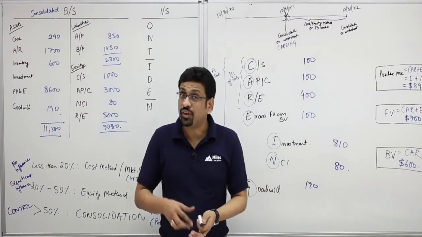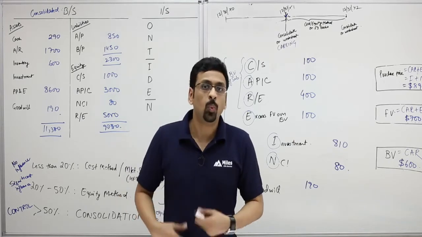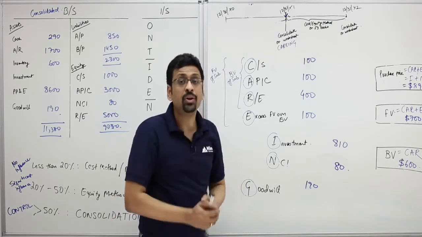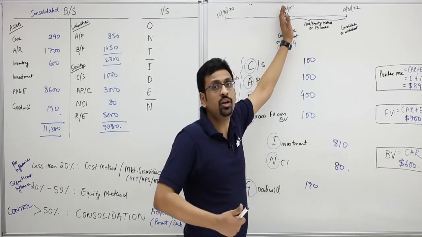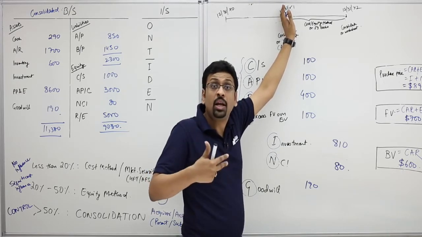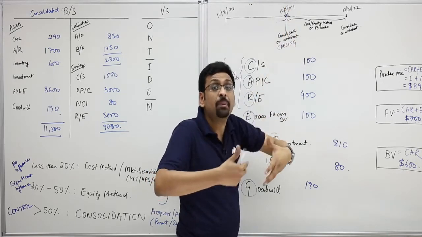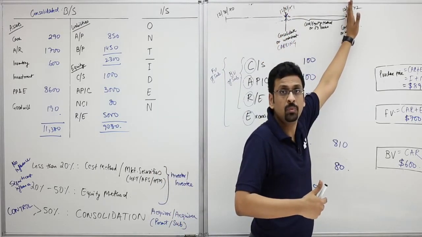So we've looked at 3 examples on consolidations till now. In the first example, we had the parent acquiring 100% of the subsidiary on year end. Consolidation was on year end, same date. In the second example, the parent again acquired 100% but at the beginning of the year, and the consolidation happened at the end of the year.